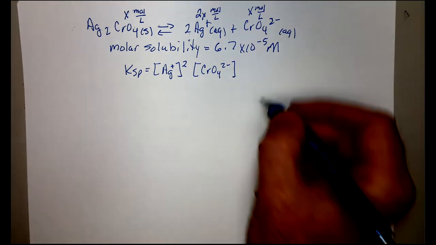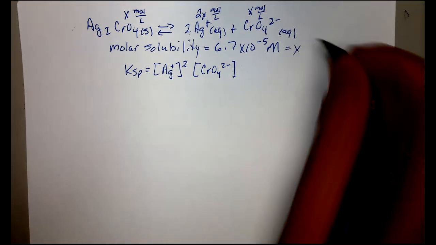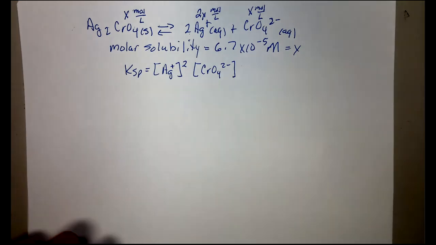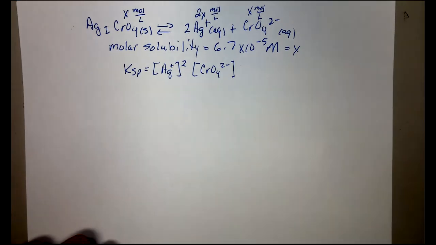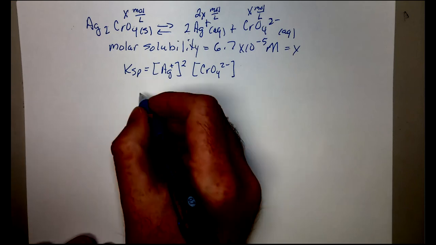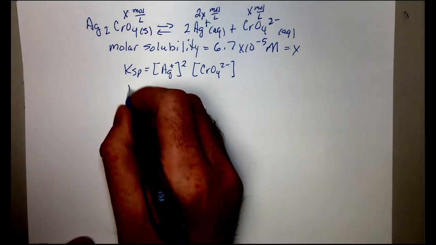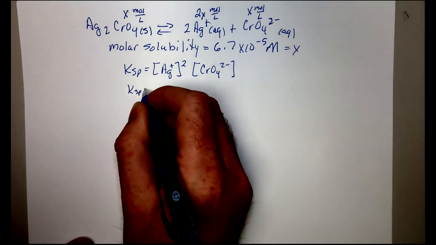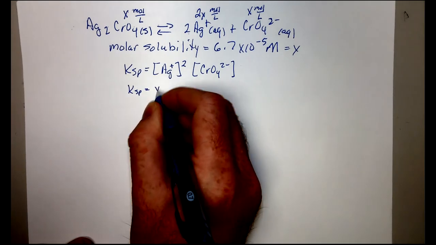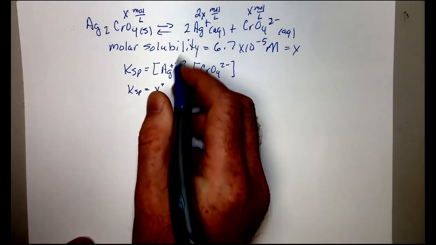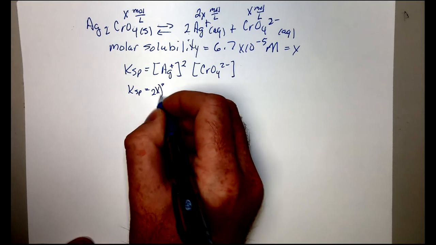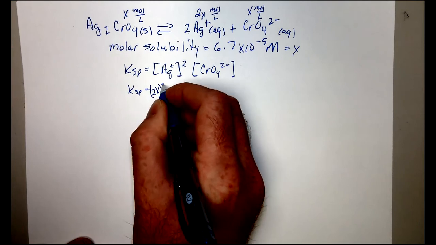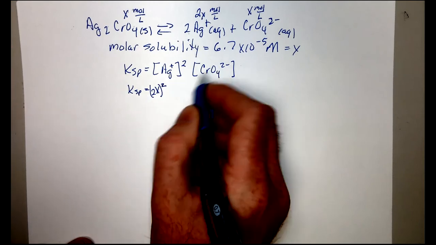So if this is my molar solubility, that's equal to my x I wrote up there. Then my Ksp, if I plug in that x, is going to be (2x) quantity squared, and then that's just x times x.